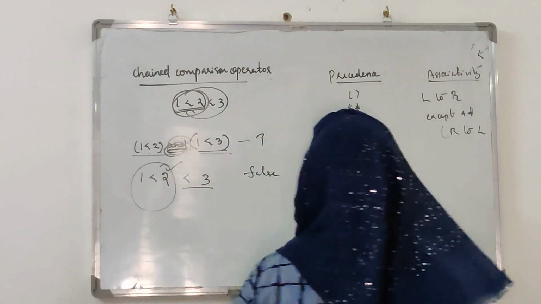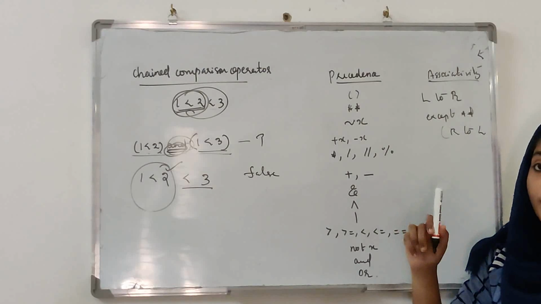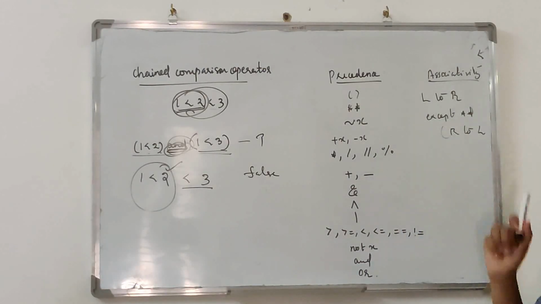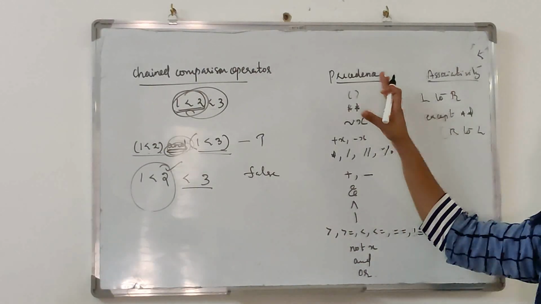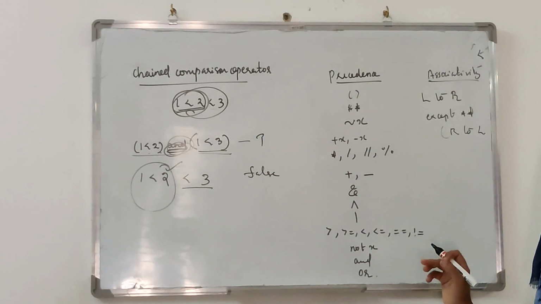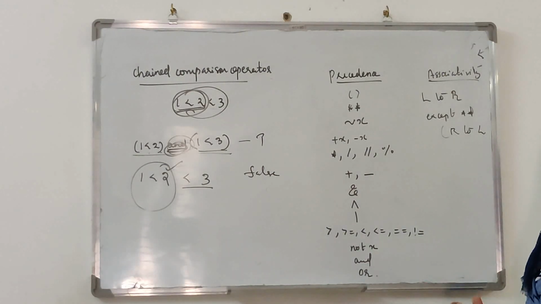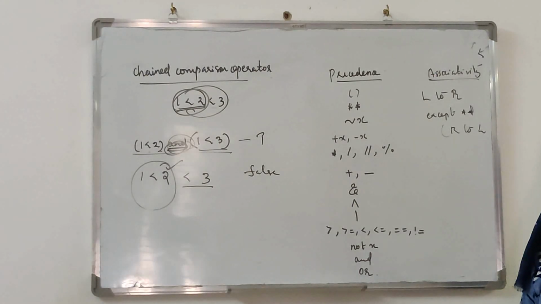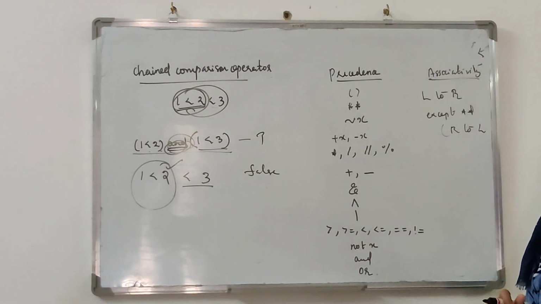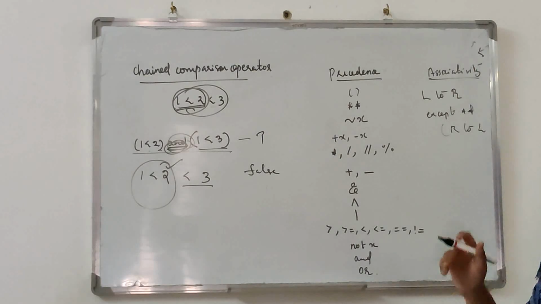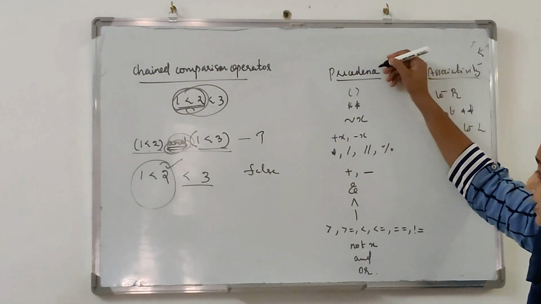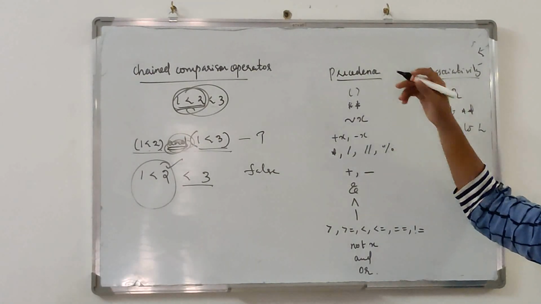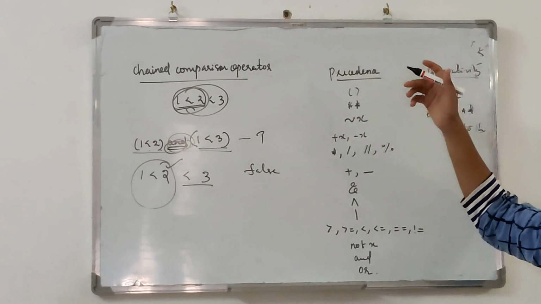Now look at the last part of the operators, that is operator precedence and operator associativity. So here we studied a number of operators. Then in an expression, all the operators may come together. Then which operator do we need to evaluate first? That will be told by the operator precedence. Which operator has the highest precedence?